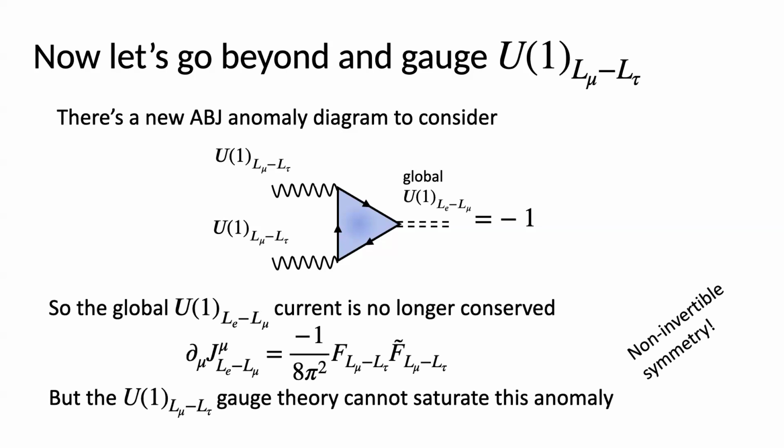L_e minus L_mu is classically conserved, but in the quantum theory, there is this F F-tilde term for L_mu minus L_tau. But since that's just a U(1), you can't actually have those instantons. And so indeed, this L_e minus L_mu is turned into a non-invertible symmetry in the L_mu minus L_tau theory.